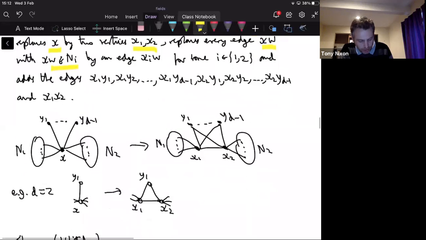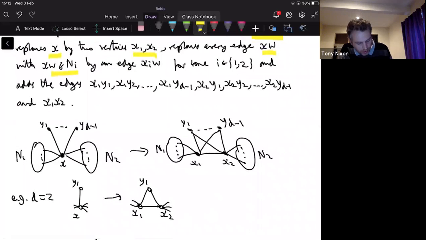So maybe it's better just to look at the picture. So here's the vertex X we want to split into two. Here are the d-1 neighbors we care about, and then there are some other neighbors that we just partition arbitrarily into two sets, however you like. We split X into two vertices, X1 and X2.